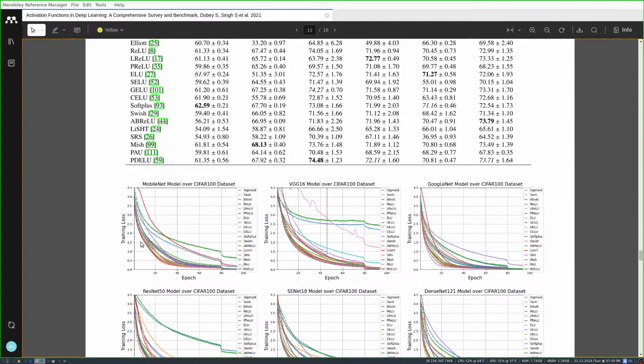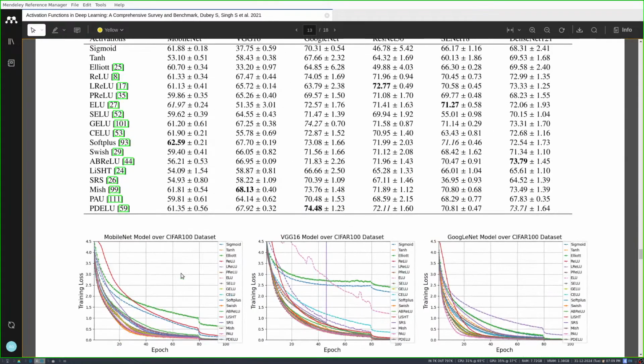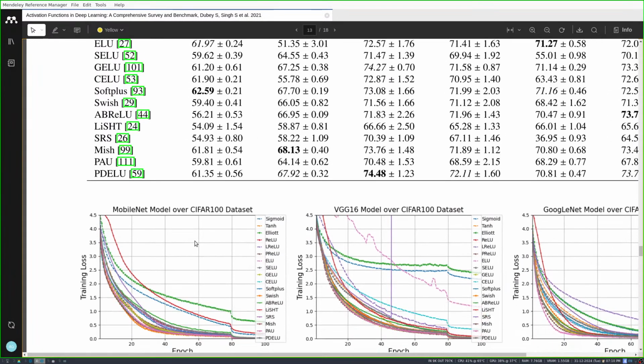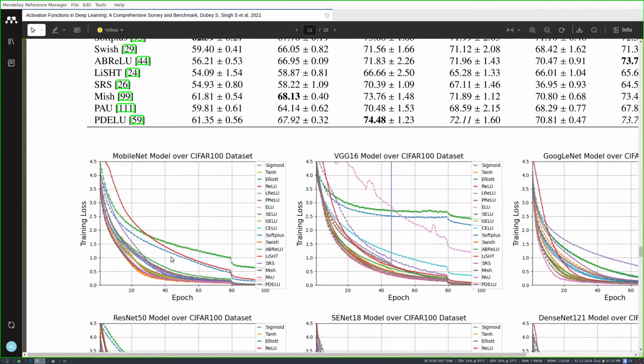So this is loss, lower is better. So which is the worst one? Green, ABReLU, or it could even be Elliott. Orange, Swish. Okay. Where is ReLU? Red. Oh, ReLU is here.